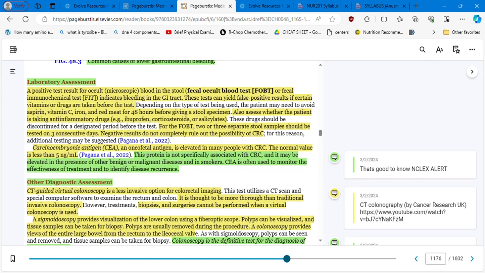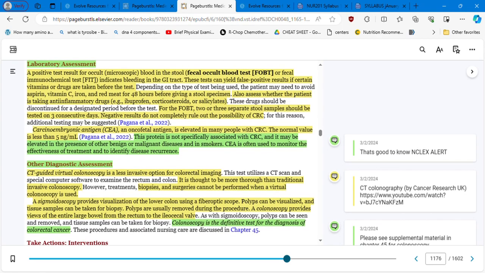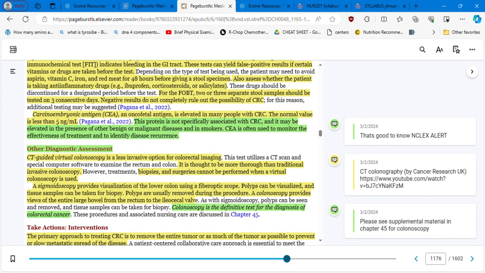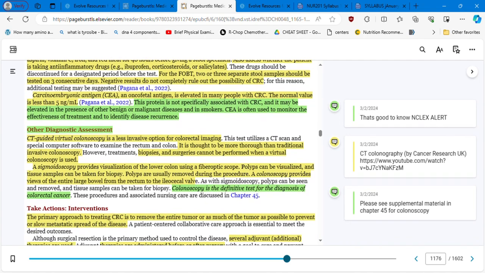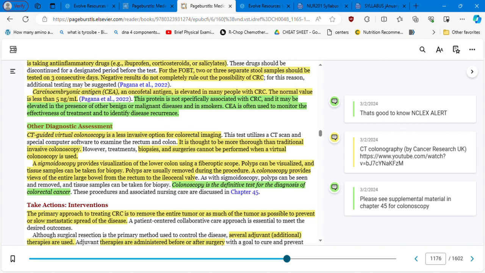Please, for the FOBT, 2 or 3 separate stool samples should be tested on 3 consecutive days. Negative results do not completely rule out the possibility of CRC. Carcinoembryonic antigen, CEA, an oncofetal antigen, is elevated in many people with CRC. Okay, carcinoembryonic antigen, the CEA. Now, the normal value of this oncofetal antigen is less than 5.